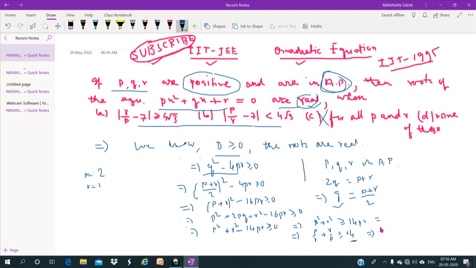Can we break down that this is p by r minus 7 plus r by p minus 7 greater than equal to 0.